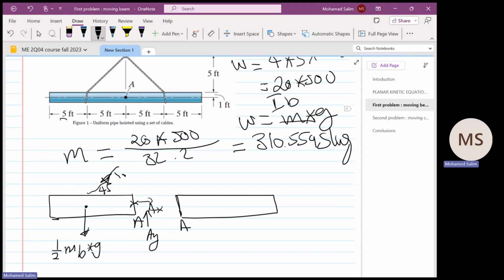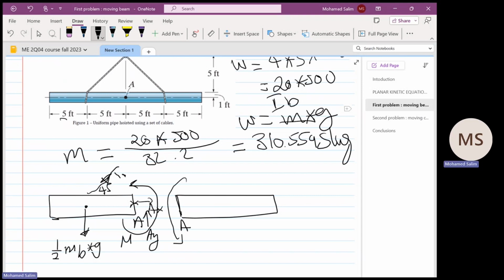And as you see, AX and AY, left to right or up or down, your calculation will fix the sign. For example, if your AX equals 5 pound, your assumption of positive direction is right. But if your answer is -5, it will be in the other direction. Good. And we have the moment.